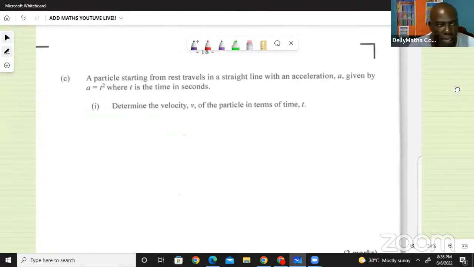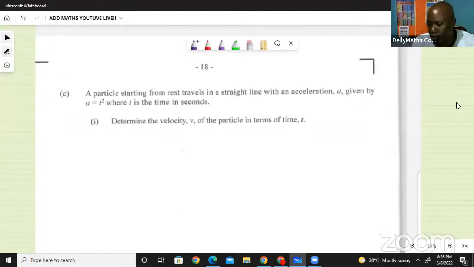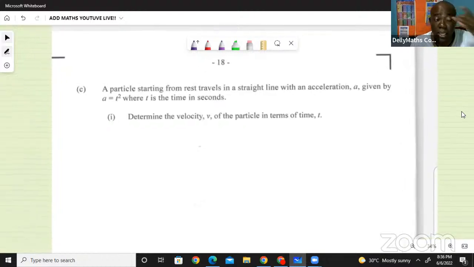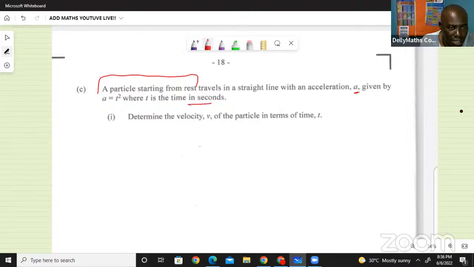I don't have a lot of them right now because I just put one piece of every little thing that we're expecting. All right, so it says a particle started from rest. We have to take note of this. This is important. A particle started from rest in a straight line with acceleration a, given by a is equal to t squared, where t is the time in seconds.